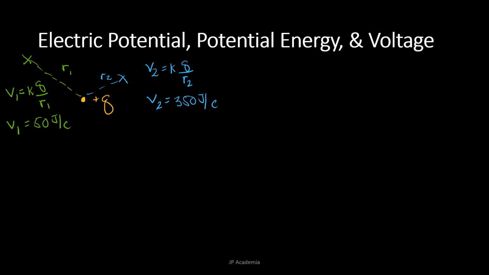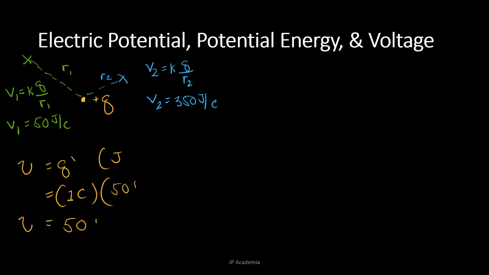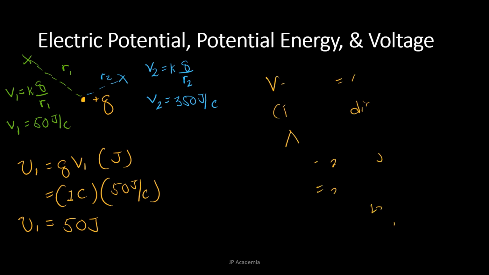If we place a charge at those given locations, we will have an electric potential energy U. So U is equal to QV, with the units of joules. For example, we have this one: U sub 1 is equal to 50 joules. Last, voltage.